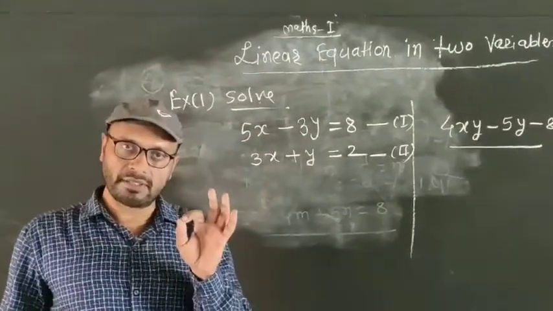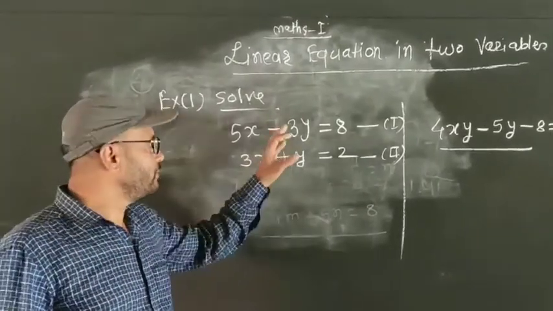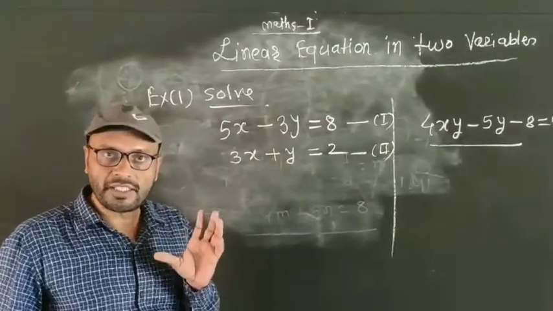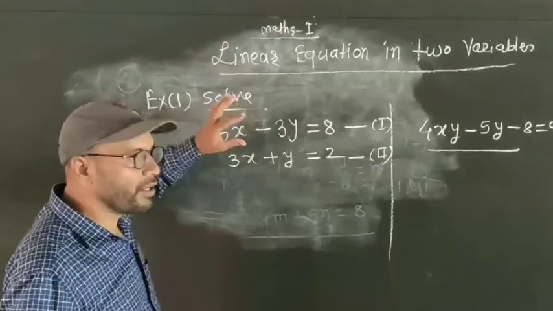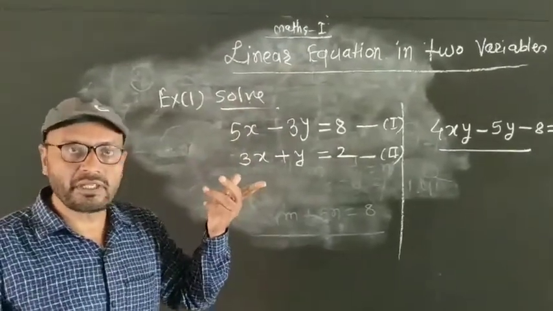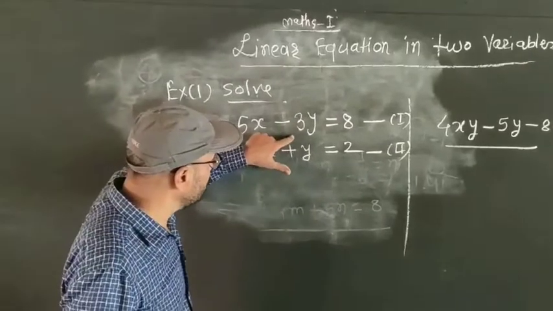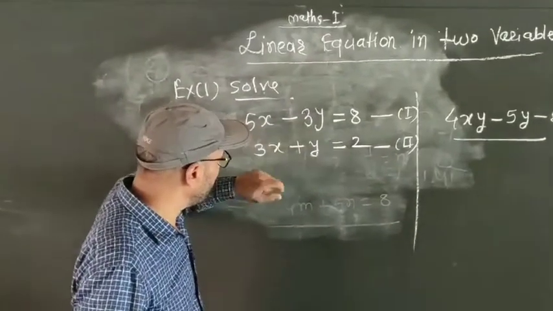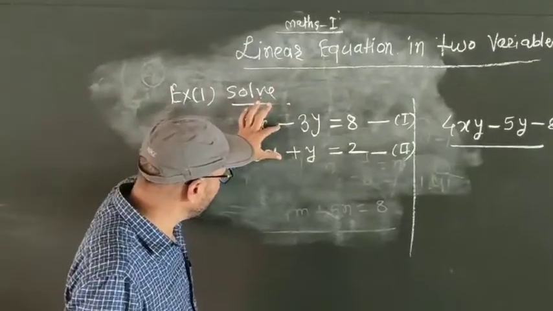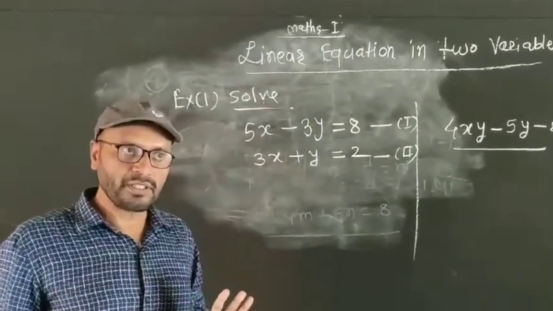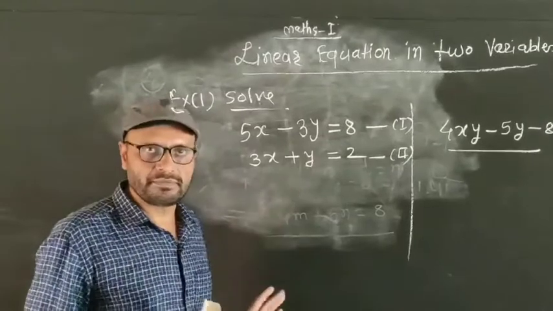Observe the given two simultaneous equations carefully and see where the similarity or contradiction is. See in this term, -3y and +y: these two have opposite signs, minus and plus. Think only about this term.